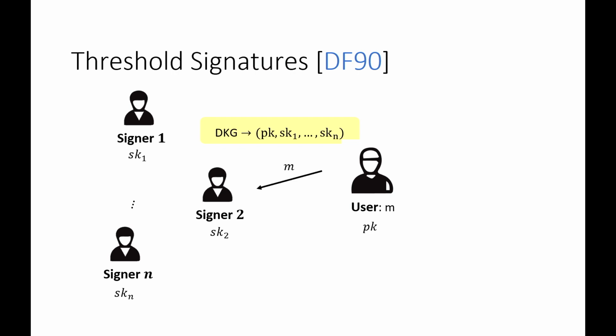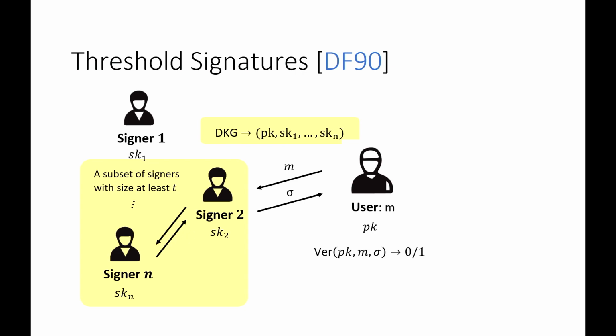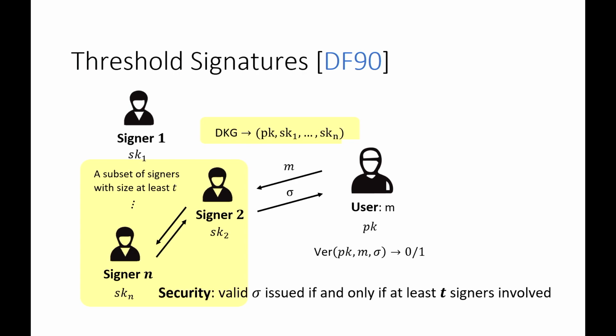And once the user sends a message to one of the signers, a subset of signers with size at least T is involved in the signing and sends the message back to the user. And then the signature can be verified given the public key. The security guarantees that the signature is valid if and only if at least T signers are involved.